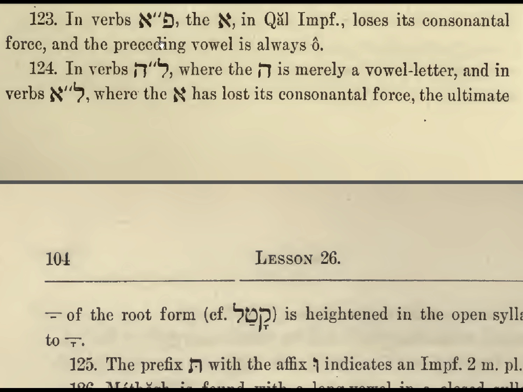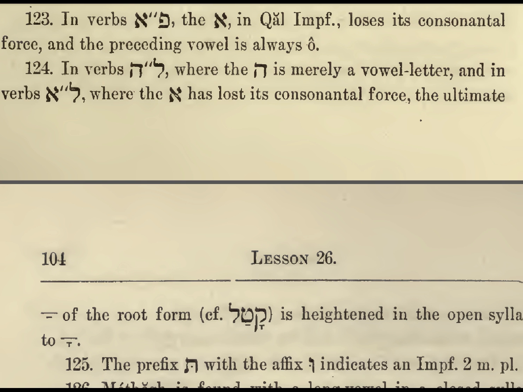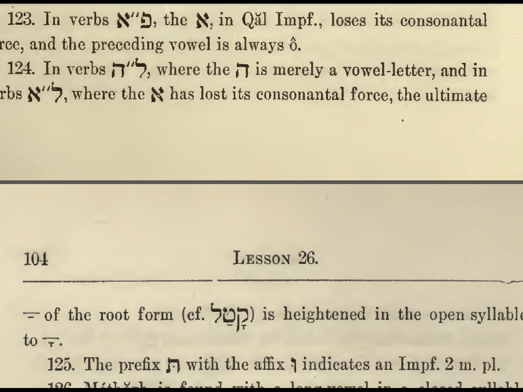In verbs that are pe aleph, the aleph in the kal imperfect loses its consonantal force and the preceding vowel is o. In lamed he verbs, where the he is merely a vowel letter, and in lamed aleph verbs, where the aleph has lost its consonantal force, the ultimate patach of the root form is heightened in the open syllable to ah.